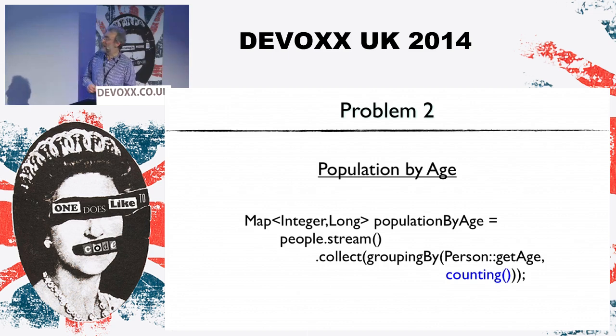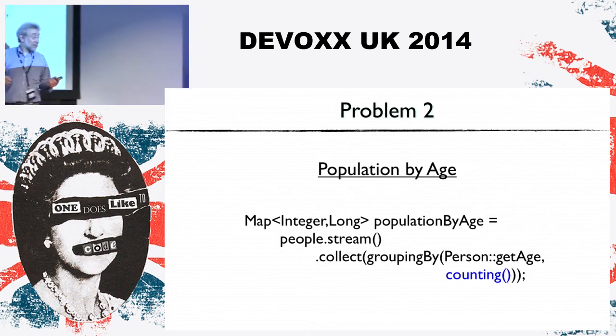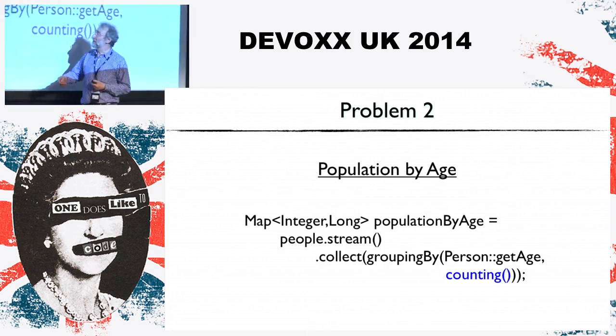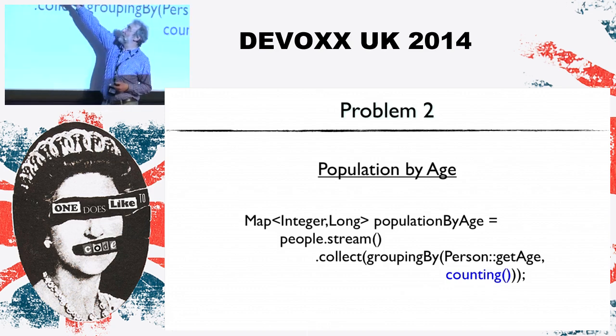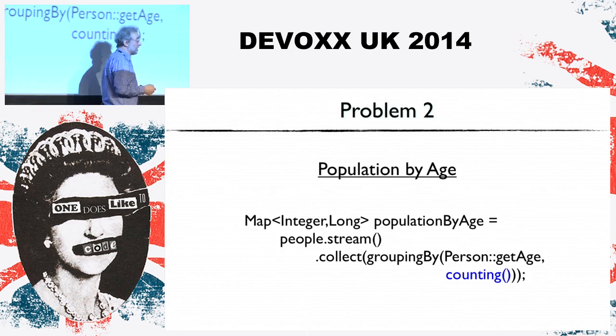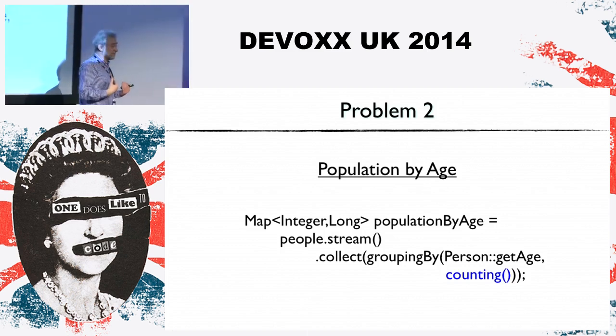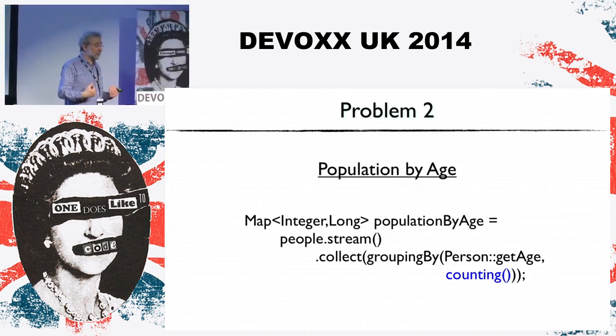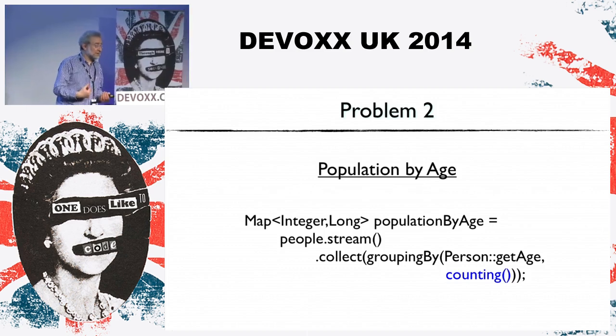I can't honestly say. In this case, my first thought, I'll just try and make this up as I go along. Well, I can see that I want to map from integer to long. I know the semantics of this. I want it to be from age to the number of those people.